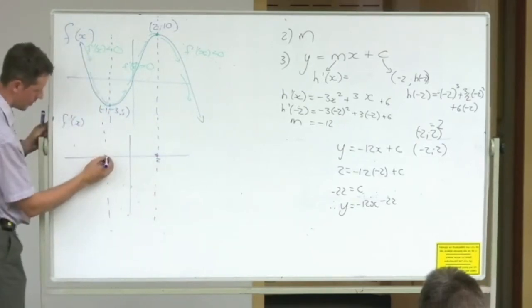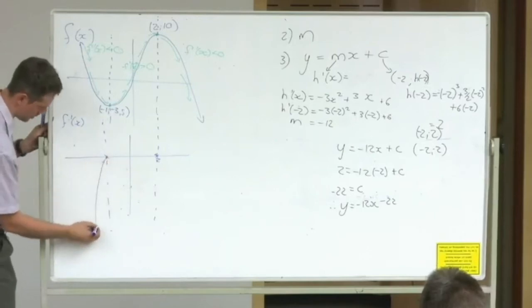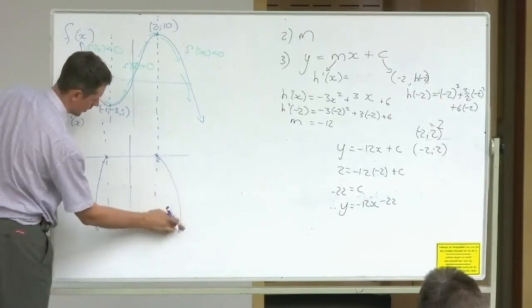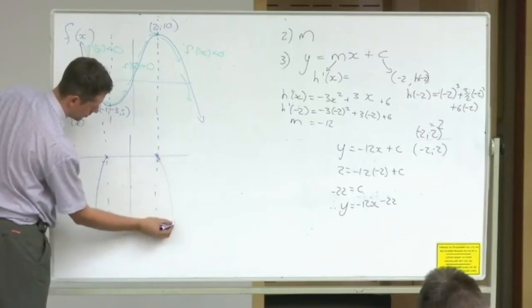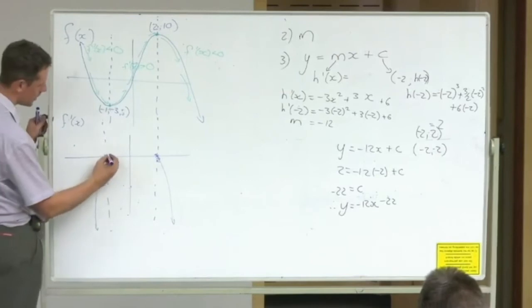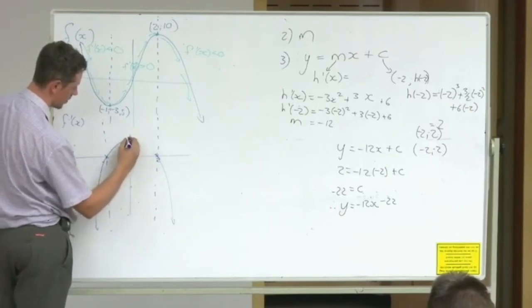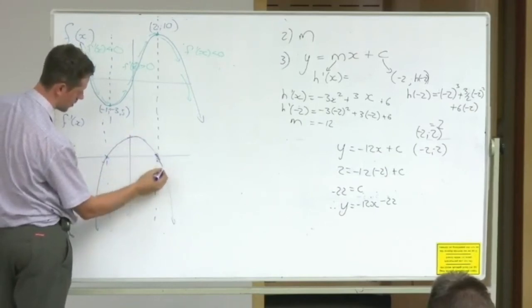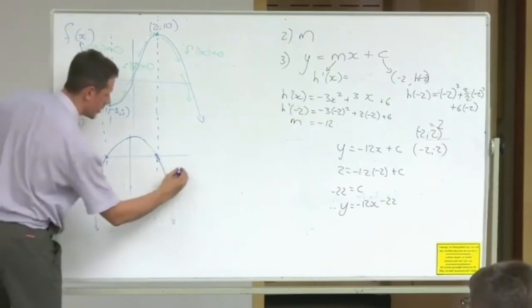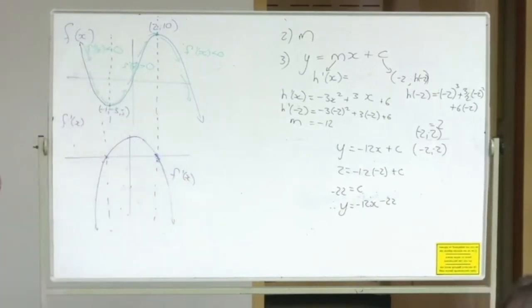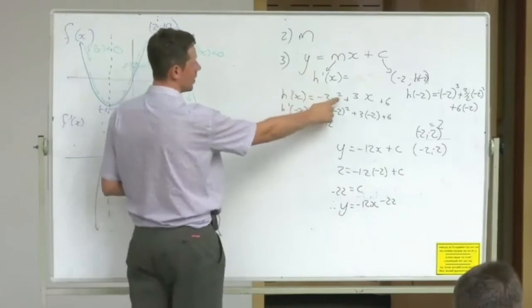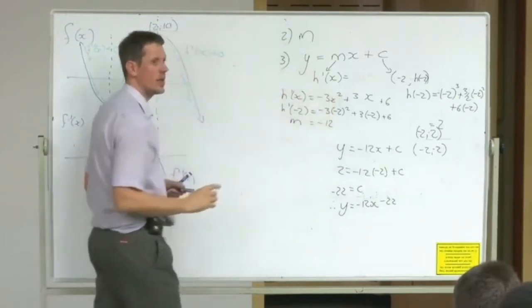So I know my graph has to be something like that. And in between these, it's going to be positive. And there I have my derivative. It's a parabola because if I derive a cubic, I get a parabola. I get a square.